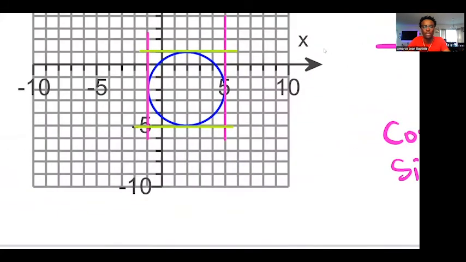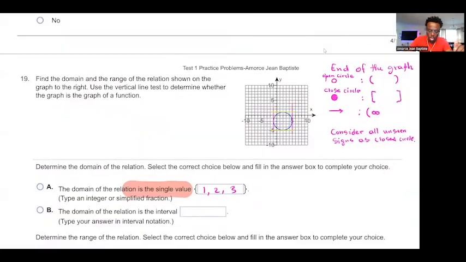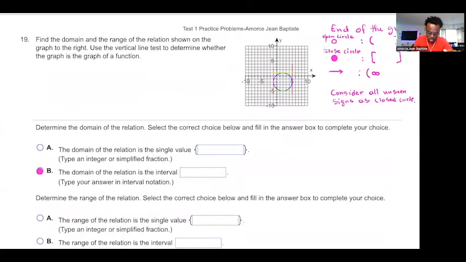You can't count the points. So since you can't count the points, your answer is going to be in interval notation. That's when you're going to use parentheses, brackets, the values and the endpoints of the graph. So for this one, it's obvious that our answer is automatically going to be the interval notation answer.